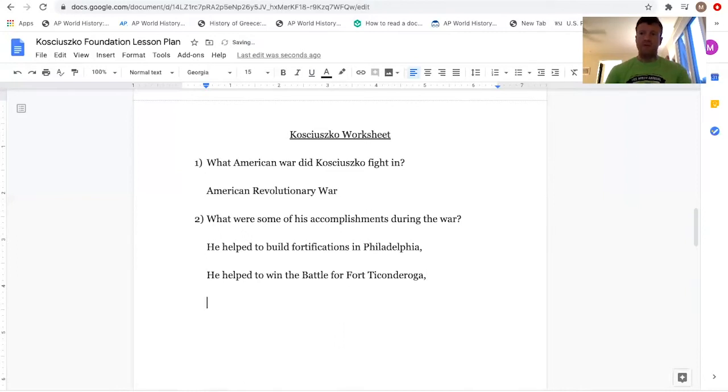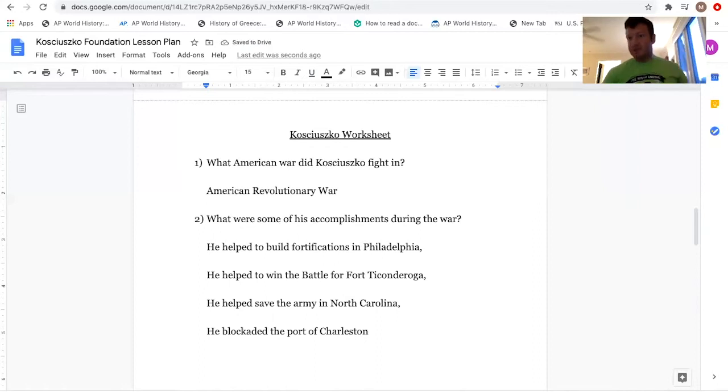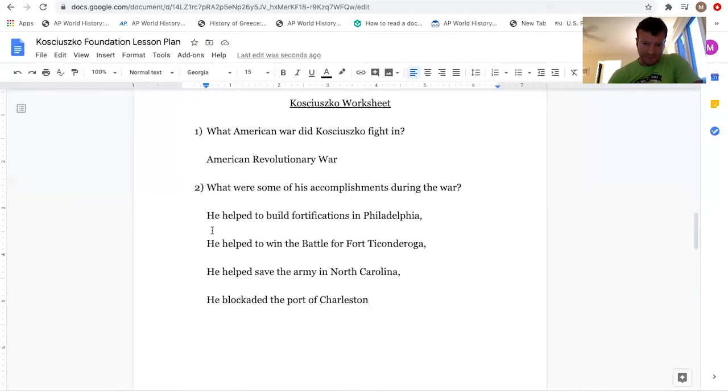What else did he do? He helped save the army in North Carolina. He blockaded the port of Charleston. Each of these demonstrates the important military role that he played in the American Revolutionary War, which helped, again, the Americans gain independence from Great Britain.